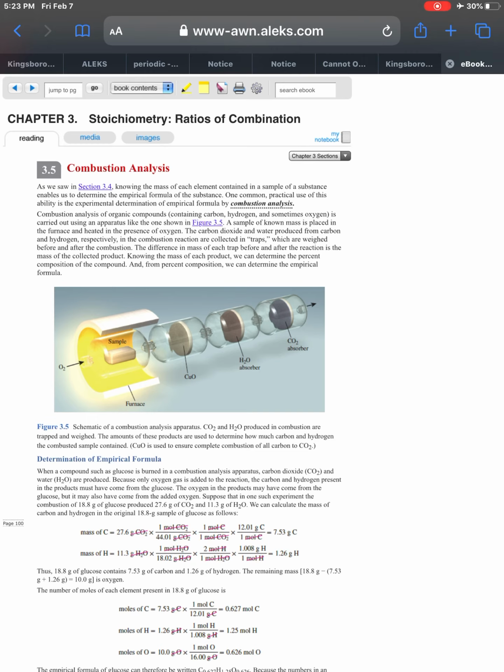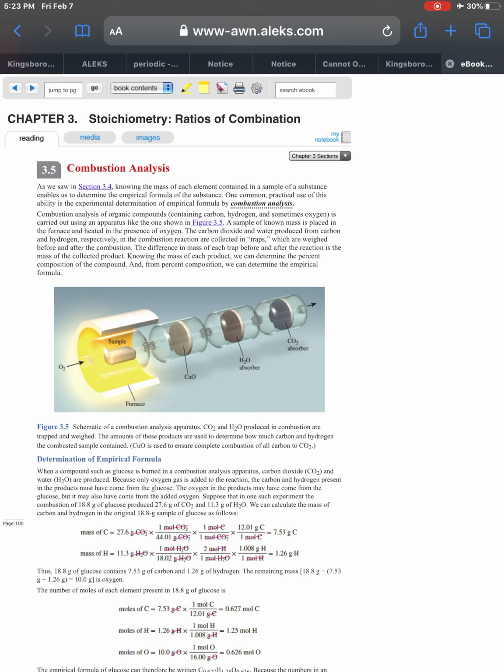Those are gases, so the carbon dioxide and water vapor flow through this device, and some of the water is absorbed in the third chamber from the left, and then some of the carbon dioxide is absorbed by the last chamber on the far right.